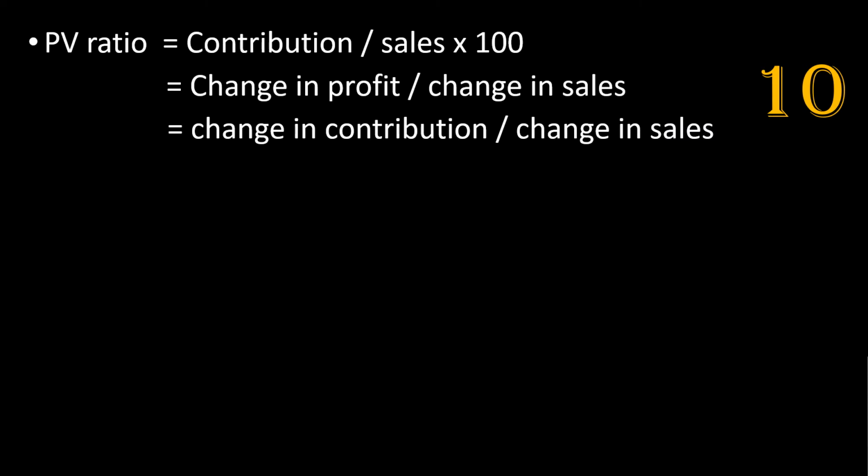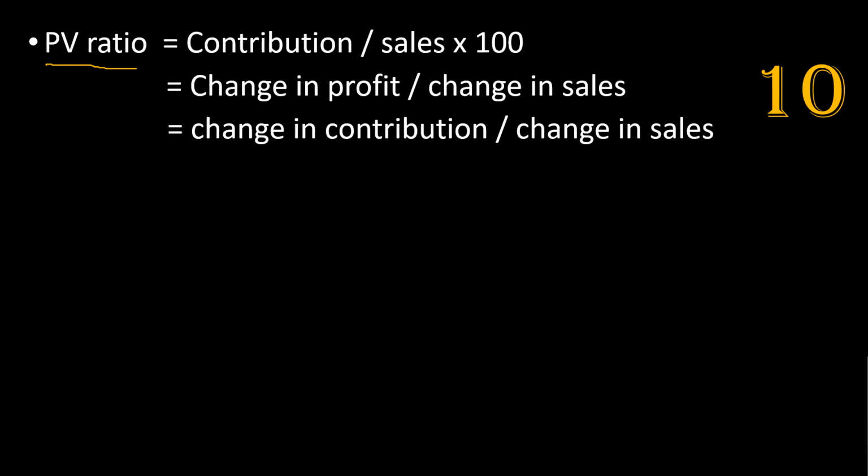And here comes the list of 10 important formulas that you should remember in order to derive 35 plus formulas in marginal costing. The first formula is for PV ratio. There are 3 formulas to find the PV ratio. First, contribution divided by sales into 100. Second, change in profit divided by change in sales.